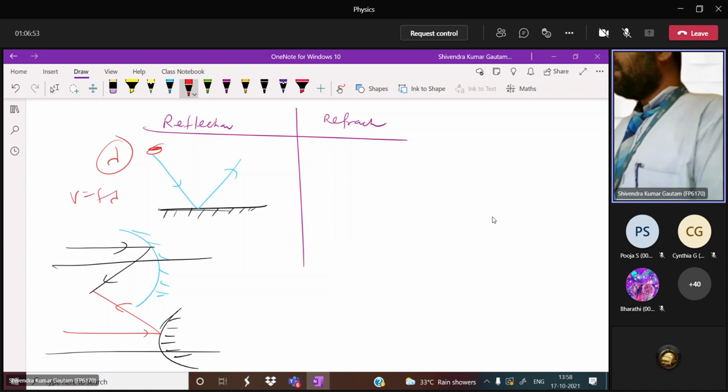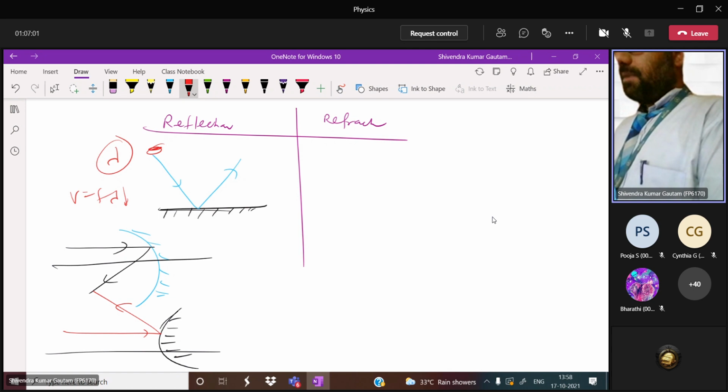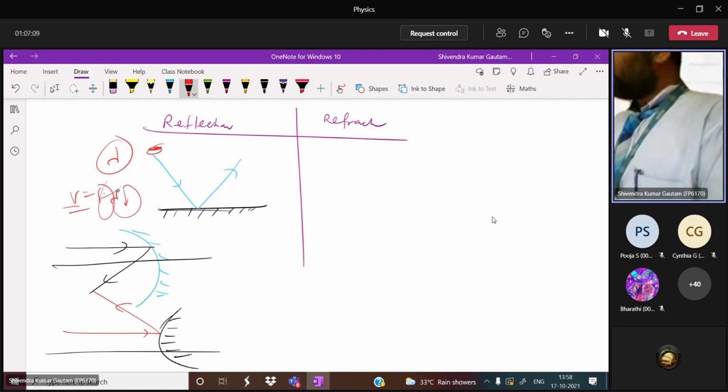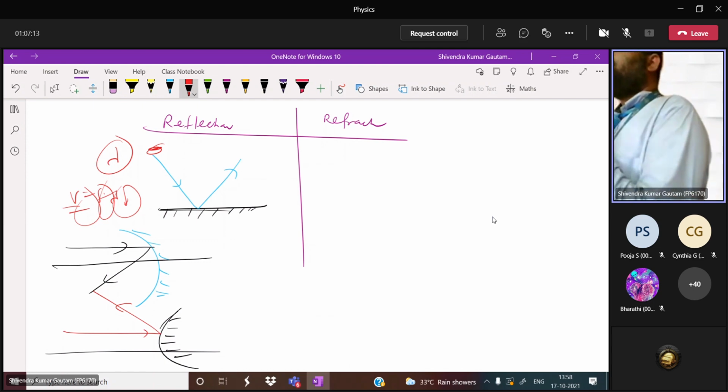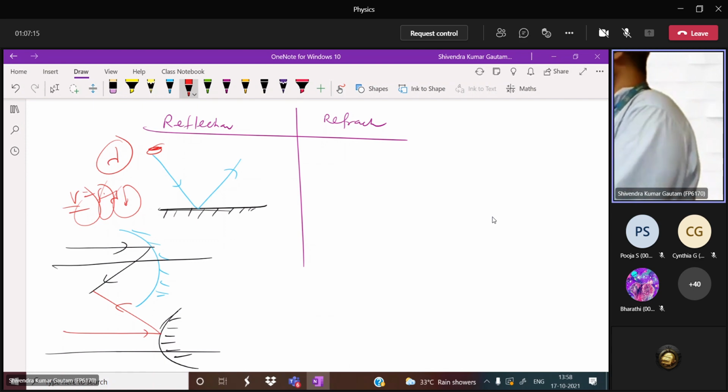In section C, for 5 questions you will find from this. Wavelength is not changing because the medium is the same. Frequency is not changing because the source is the same. So what about the speed? It will also be the same, since v equals f lambda: f is not changing, lambda is not changing, so v will also not change. In reflection, v, f and lambda all remain the same. How many of you understood this?